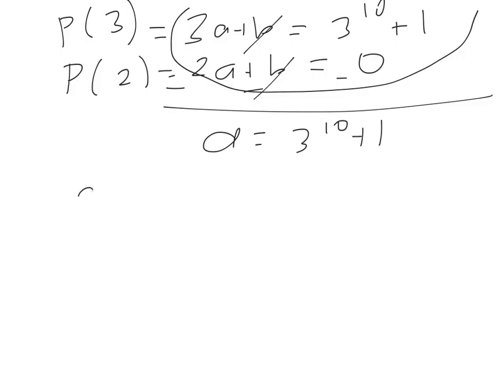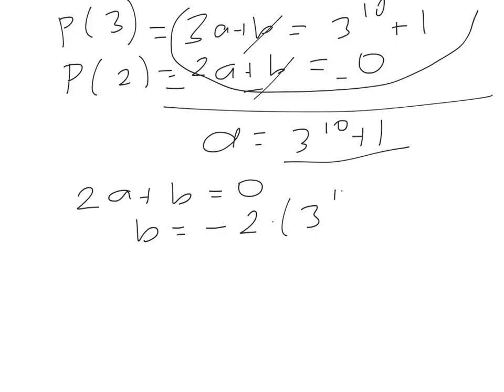Because 2a plus b equals 0, and a equals 3 to the power of 10 plus 1, so b equals negative 2 times 3 to the power of 10 plus 1.